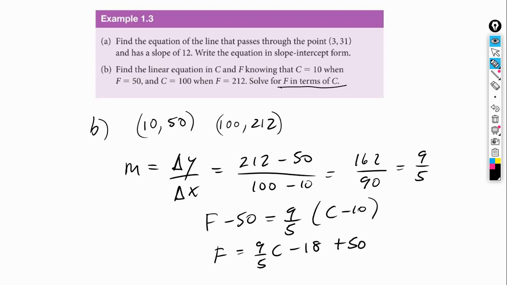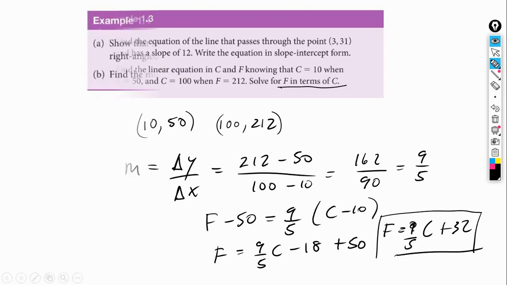And finally, we're going to get that f is equal to 9/5 c plus 32. And that would be the linear function or the linear equation. Notice that this is the function necessary to change degrees from Celsius to Fahrenheit. And the previous problems are also related to physics.